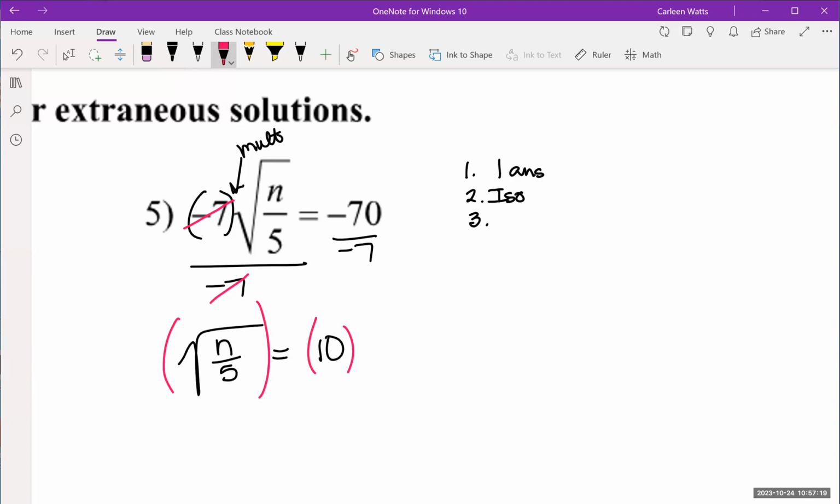Ding, ding, ding, squaring both sides. Okay, so the squared cancels the square root. Most important thing you're learning today, squared cancels the square root. So what comes down? N over 5 is equal to 10 squared is 100.